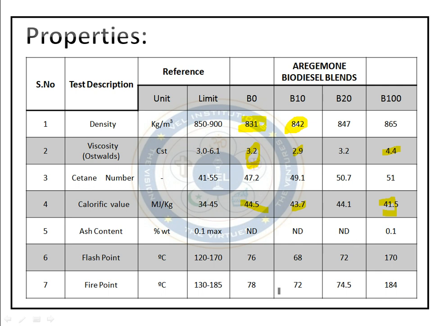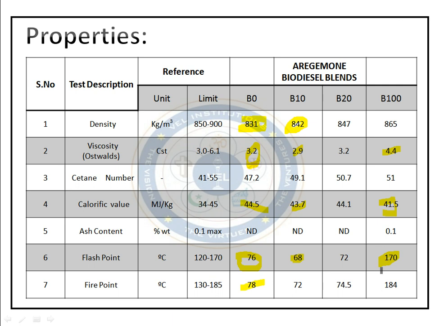Flash point is 76 degrees centigrade for diesel. For pure Argemone it is 170 degrees centigrade, but for the blend B10 we have 68 degrees centigrade. Fire point is 78 degrees centigrade for diesel.